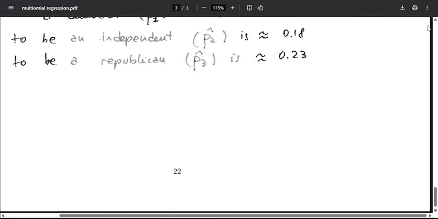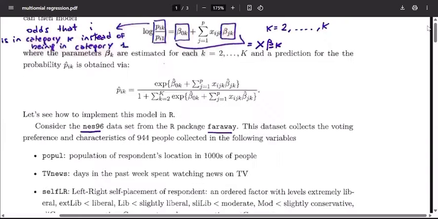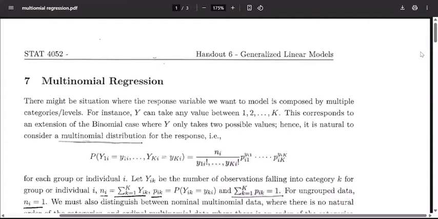Now, that is going to be the end of the multinomial. Like I said, we use multinomial when the response variable is categorical and has more than 2 levels, and the levels are not ordered. But what if the levels are ordered?